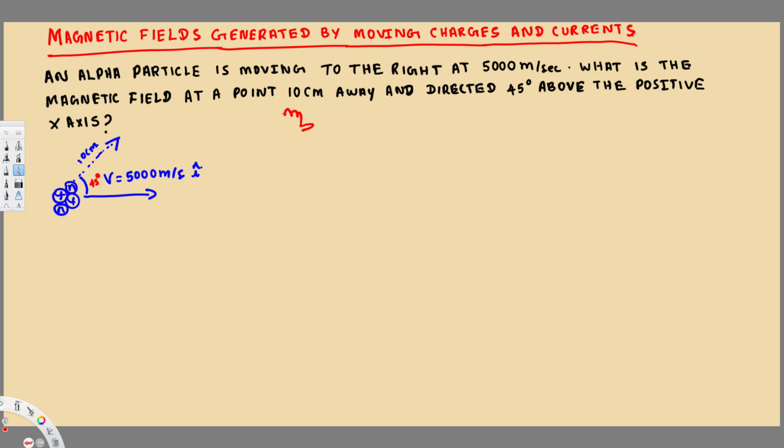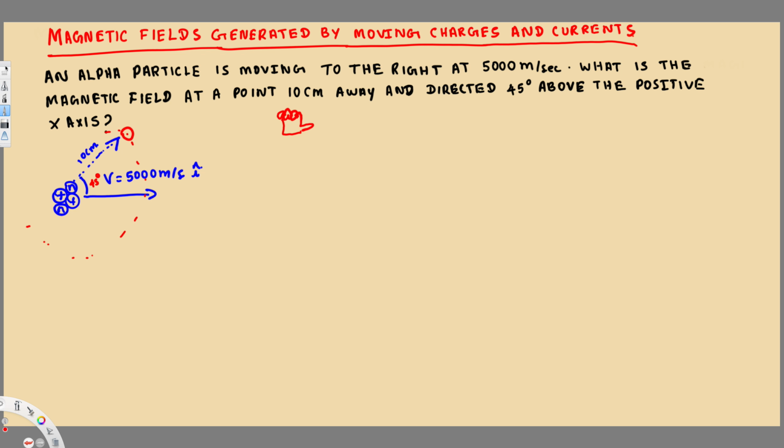And when you bend the fingers, that is the direction of the magnetic field. So here the direction is going to be coming out of this board, right? So the direction is going to be a dot. We put a dot, which means coming out of this, and that's going to be the direction. And it's going to be in a circular pattern.